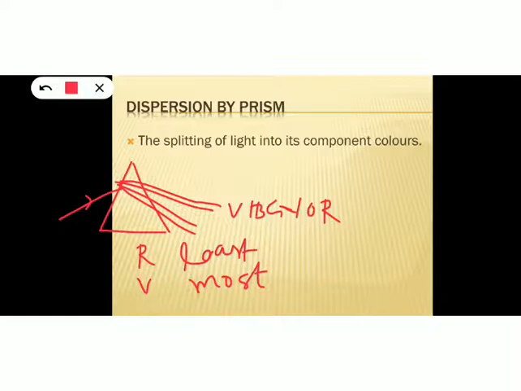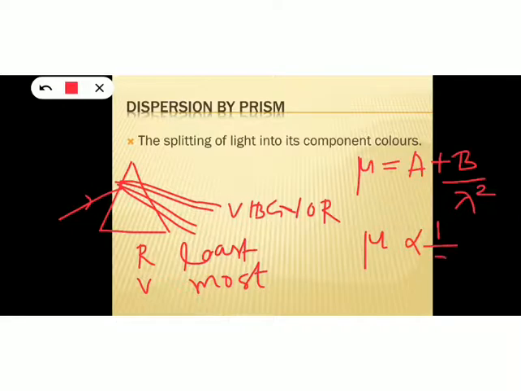The refractive index of prism varies with lambda. This relationship was found by Cauchy, and he gave us a formula which is known as Cauchy's formula. The formula states that refractive index mu is equal to A plus B by lambda square, where A and B are constants, and from this relation it is clear refractive index is inversely proportional to lambda square.